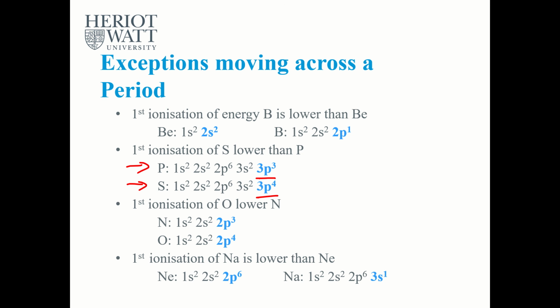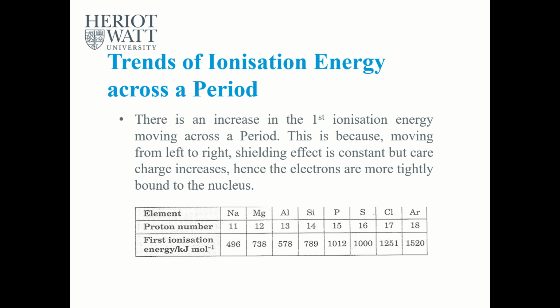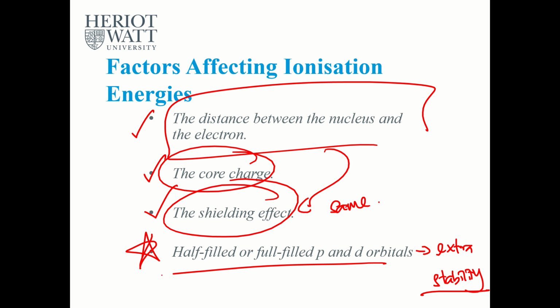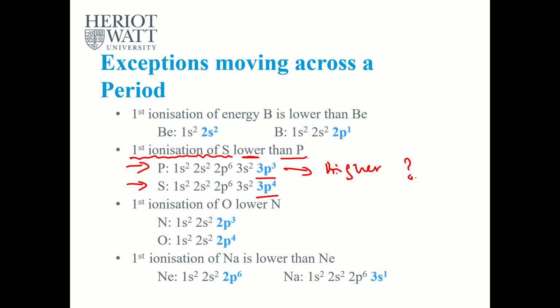Answer is definitely no, because here it states that first ionization energy of sulfur is actually lower than phosphorus. Phosphorus is higher. Why? Because look at that. See that? Half-filled, full-filled, right? Extra stable. Come back. So I have 3p3 and 3p4. Isn't 3p3 half-filled? p3: 1, 2, 3.